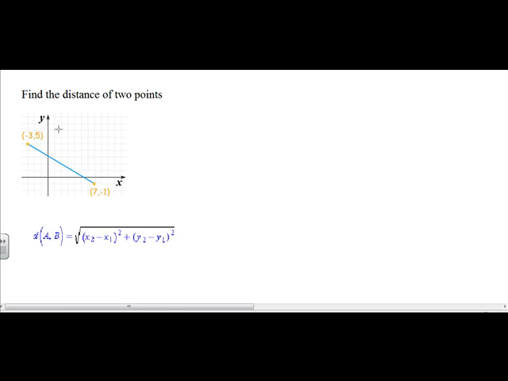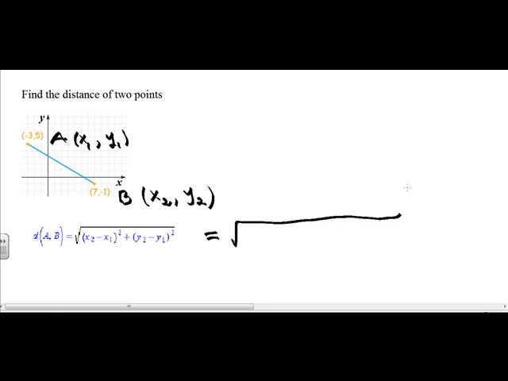So I'm going to call this point A, and we call this point B. So this means I have x1, comma, y1 here, and then I have x2, comma, y2 right here. And I'm using the distance formula that we studied. So all you have to do is substitute the values inside the formula right here.